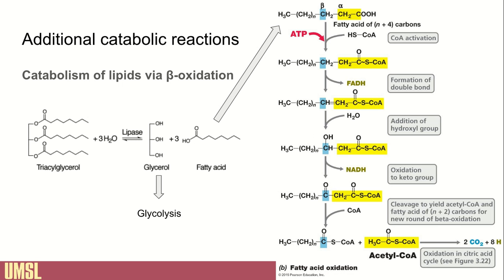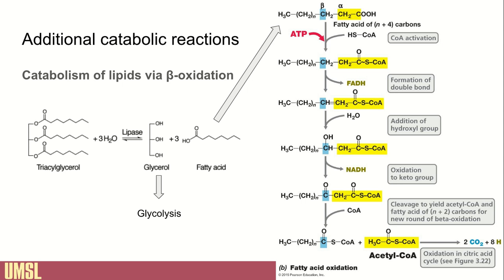So, breaking down what I just said, these triacylglycerols, for example, will just take a simple fat, a simple lipid, and lipases are hydrolase enzymes. They hydrolyze off fatty acids from glycerol.